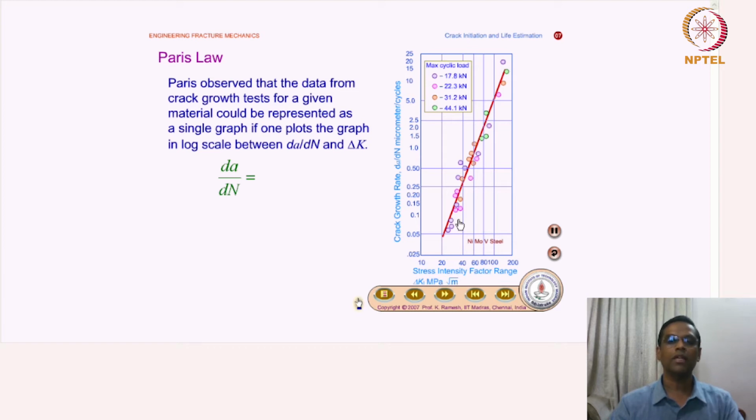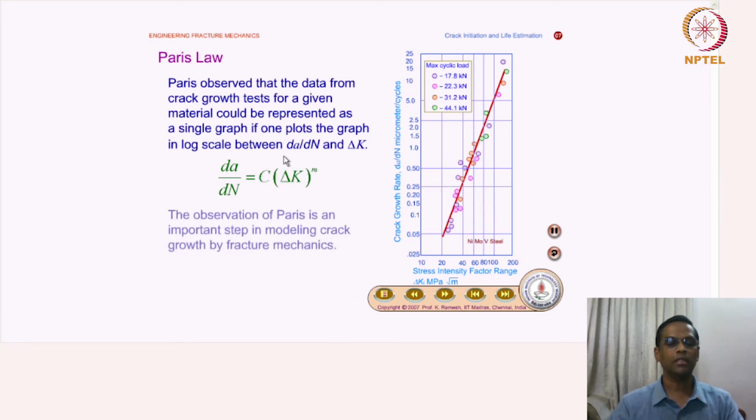It's a straight line. This is again for different loads, and dA by dN is equal to C into delta K to the power m. So this equation is called Paris law.